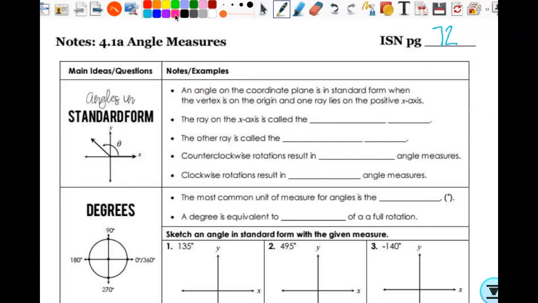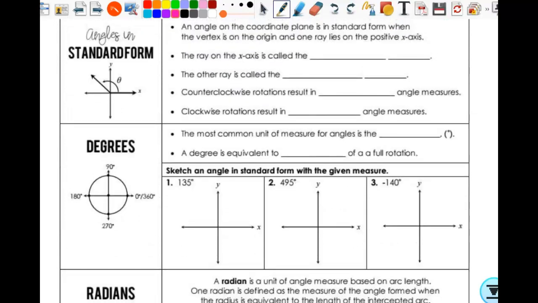All right, so we're going to look at angles in the coordinate plane, which may or may not be new to you. I'm not real sure, but I'm going to teach it to you like it's new to you. So we can have angles in our coordinate plane. They can be anywhere, but what we're mainly concerned with, for the most part, are the ones in standard form.